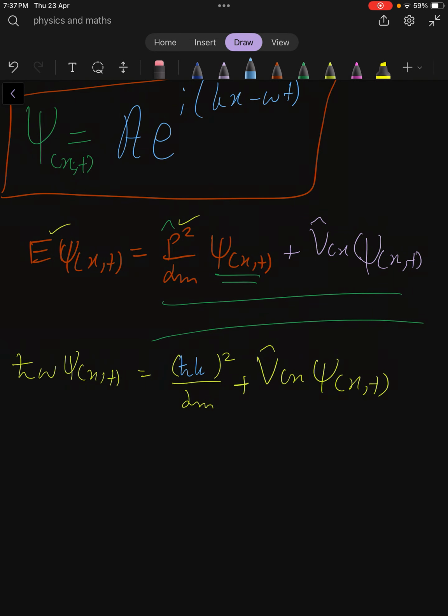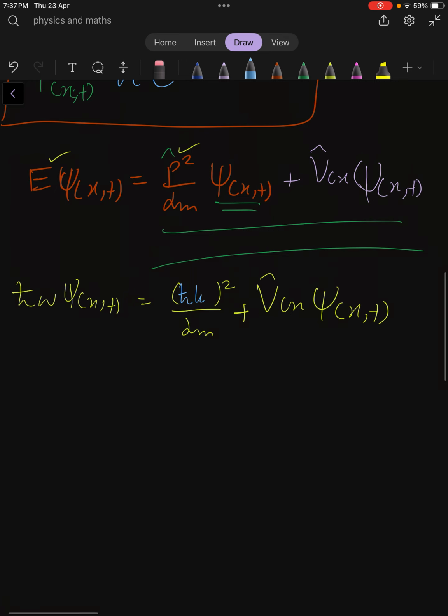Now, this is not a final form. We still need to bring in space and time, and the final form requires the derivations.